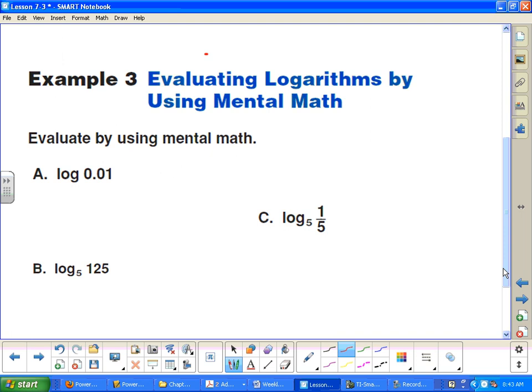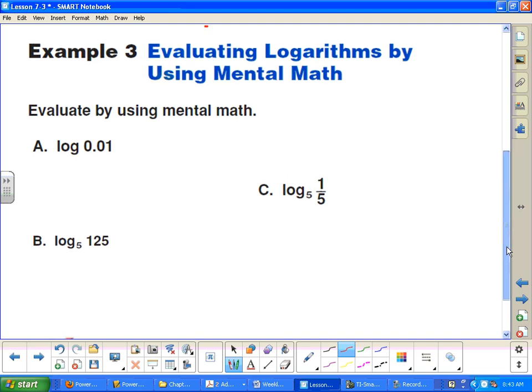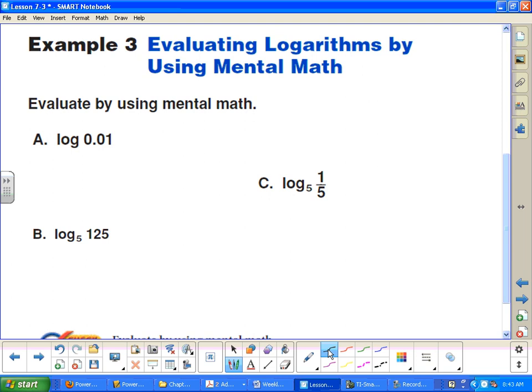Okay. So it says evaluate logarithms by using mental math. Oh man, mental math. So the way I'm going to do these problems, when they ask me to use mental math to solve these logarithms, I'm going to change them so that it looks like an exponential, because exponentials make more sense to me.